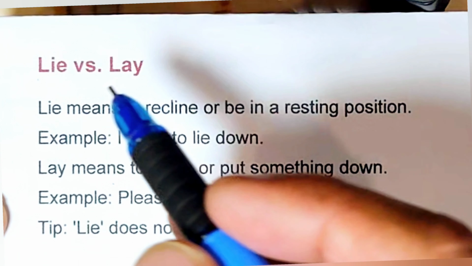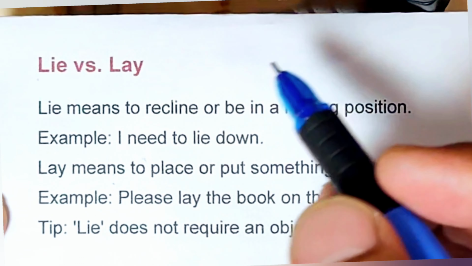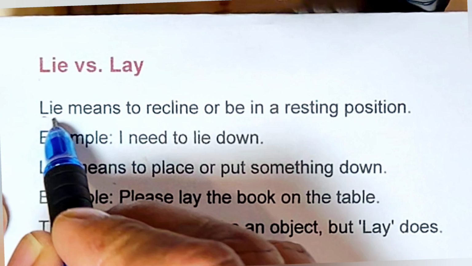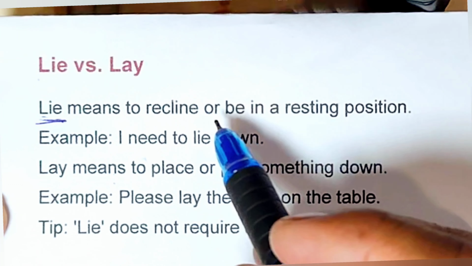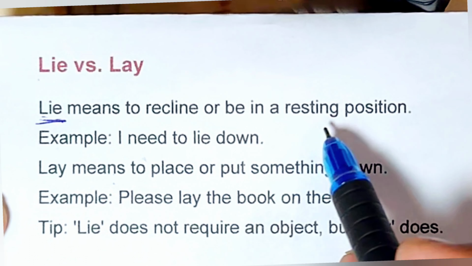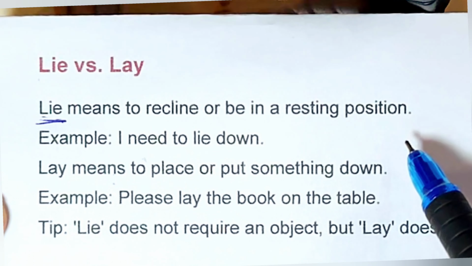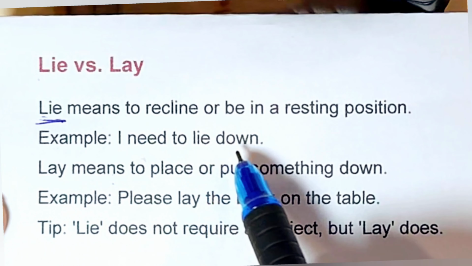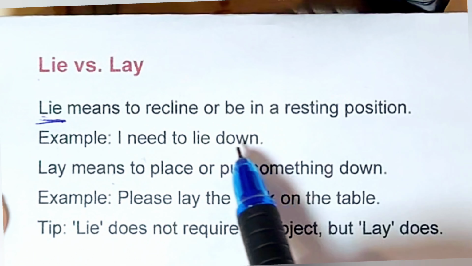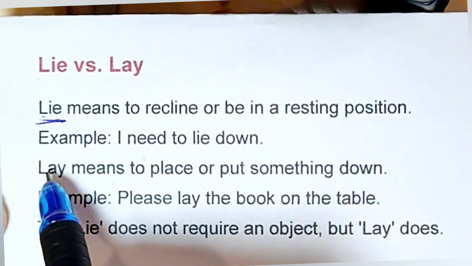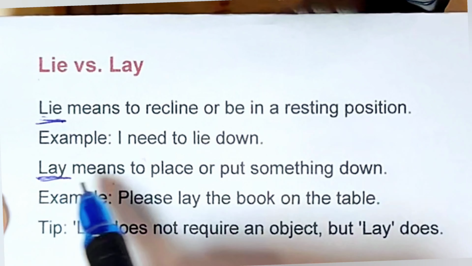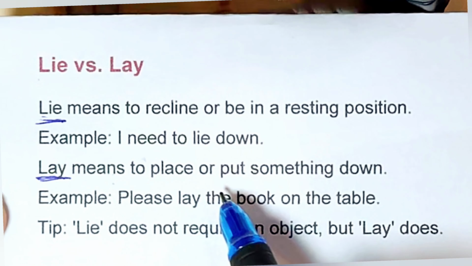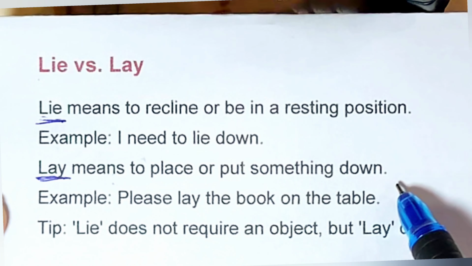We have here lie versus lay. Lie means to recline or be in a resting position. For example, I need to lie down. And lay, on the other hand, means to place or put something down.